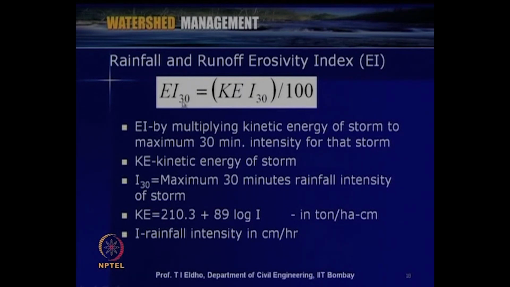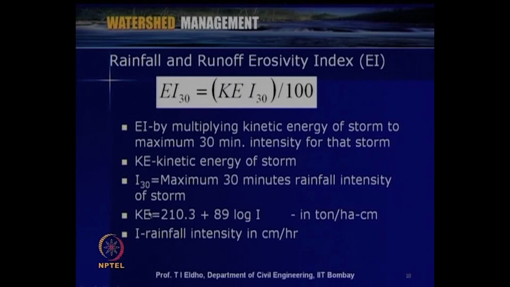That can be expressed as EI30 is equal to KE into I30 divided by 100, where EI is obtained by multiplying kinetic energy of storm by the maximum 30-minute intensity for that storm. Where KE is the kinetic energy of storm, I30 is the maximum 30-minute rainfall intensity of the storm.